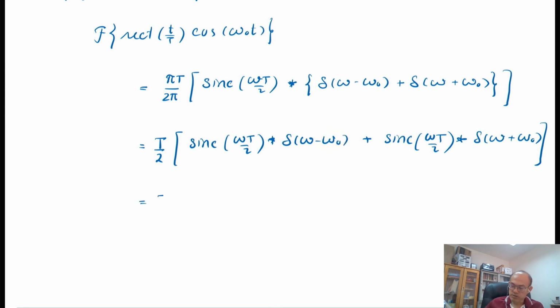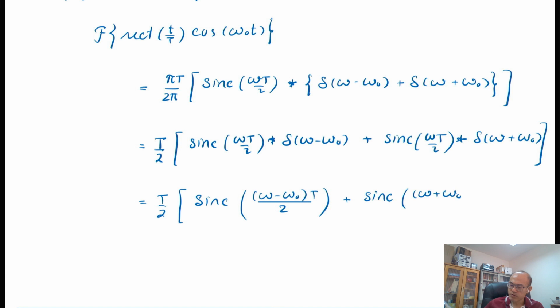So the first convolution gives us sinc of omega minus omega 0 times T over 2. That is the sinc function shifted by omega 0. And the second convolution gives us sinc of omega plus omega 0 times T over 2.